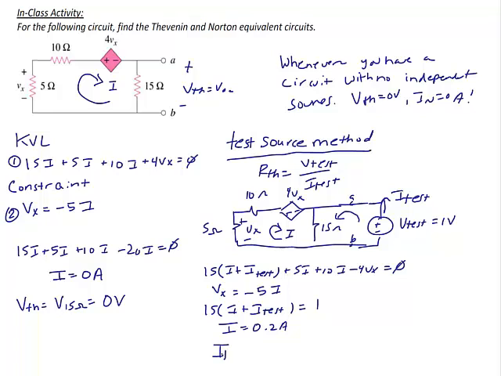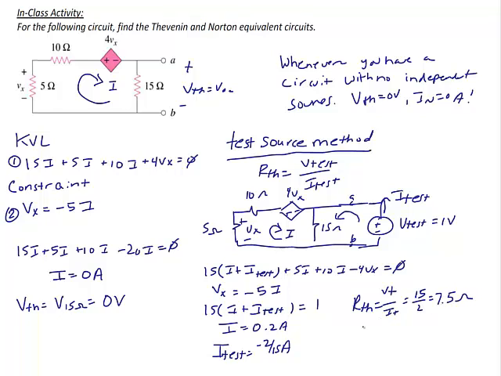I test is equal to negative 2 over 15 amps. So our R Thevenin would be V test over I test, which is 15 over 2 or 7.5 ohms.